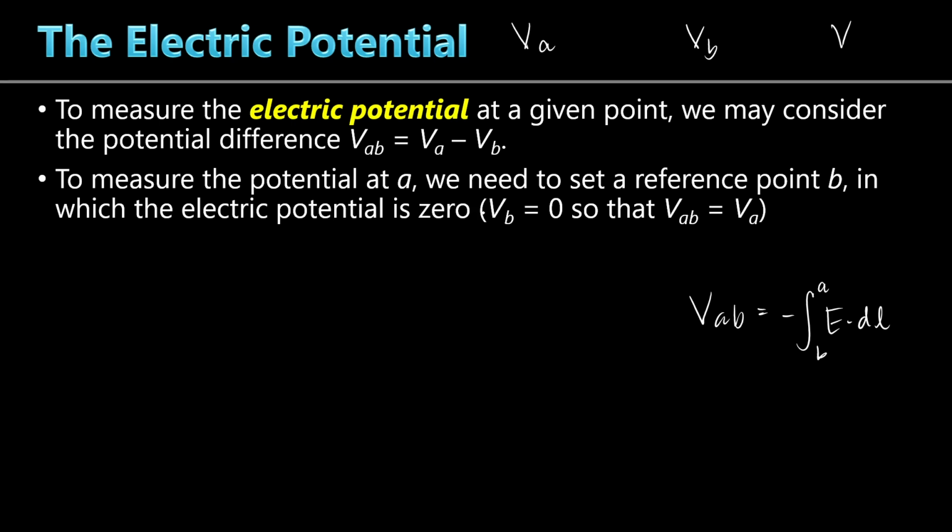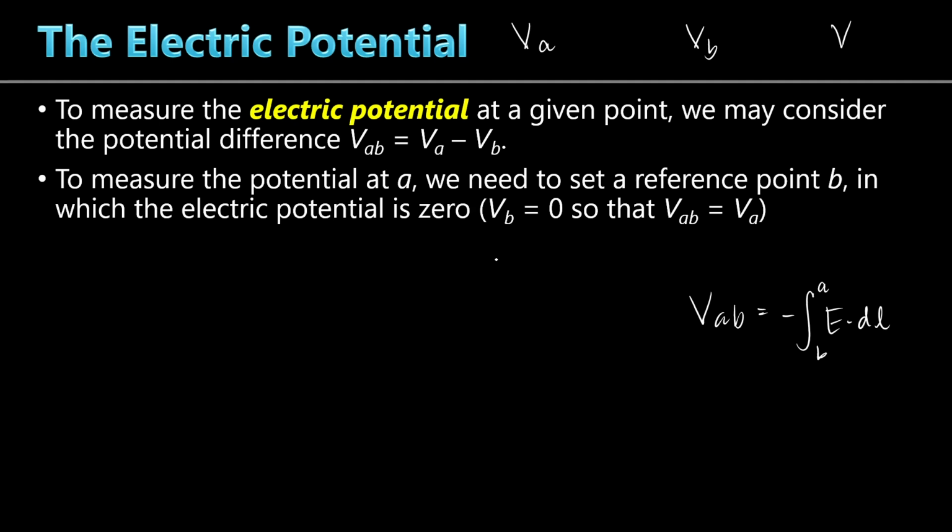Kung function siya ng position, habang lumalayo yung point mula sa source charge, yung electric field ay lumiliit, di ba? Paliit ng paliit yung electric field habang papalayo siya ng papalayo. So, ganun din ba yung trend para sa electric potential? Actually, yes, no? Habang lumalayo yung point doon sa source charge, yung electric potential ay lumiliit ng lumiliit approaching 0.